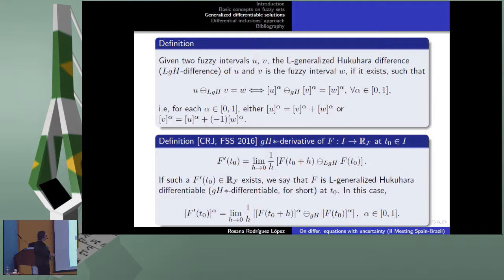So with this definition, you could change the type of GH difference on each level. So in intervals, the GH difference always exists. So using this, you are extending the class of functions that you can study the differentiability.